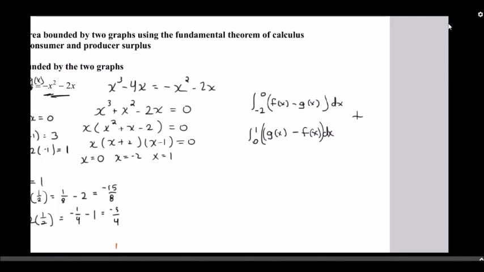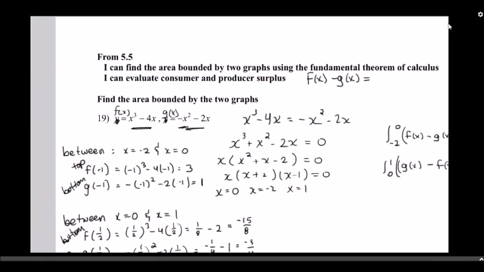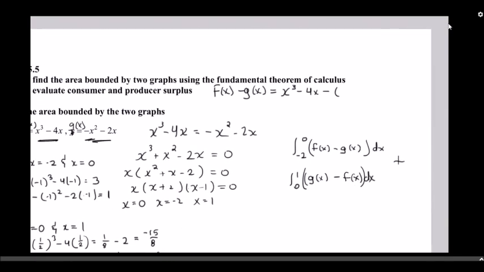So we need to do f of x minus g of x. So f of x minus g of x is going to be x to the third minus 4x, and I'm going to subtract g of x, which is negative x squared minus 2x, so this becomes x to the third minus 4x plus x squared plus 2x.